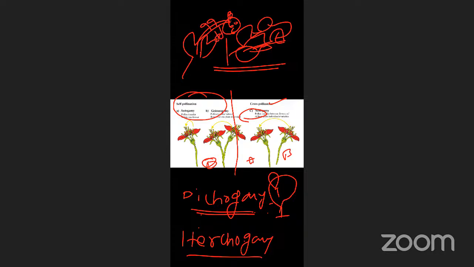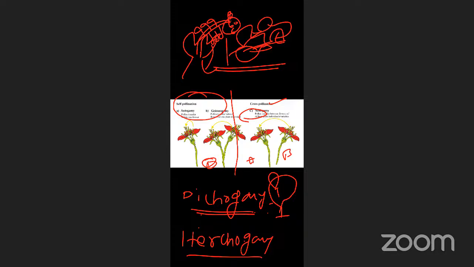Where are the stigma? Where are the stamens? Is self-pollination possible? No. When the anther matures and the anther dehisces, the pollen grains are released, but they fall down and do not reach the upper region. The stigma is at the top, but the anther is below the stigma.